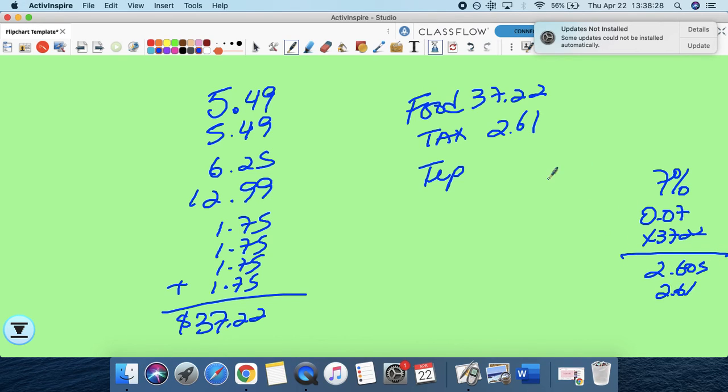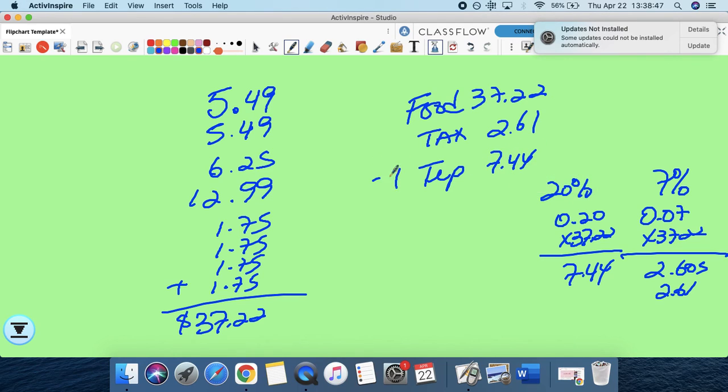Right? The tip is 20%, la propina, and it's going to be 0.20 multiplicado por la comida, and we're going to get $7.44 es la propina, $7.44.